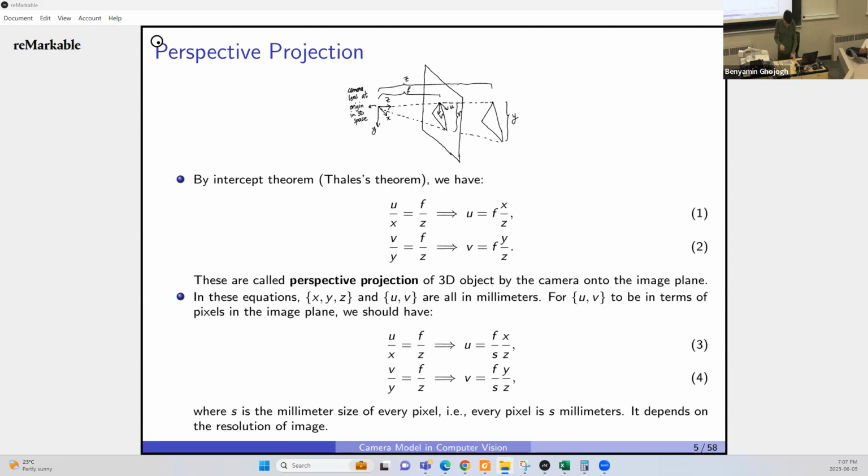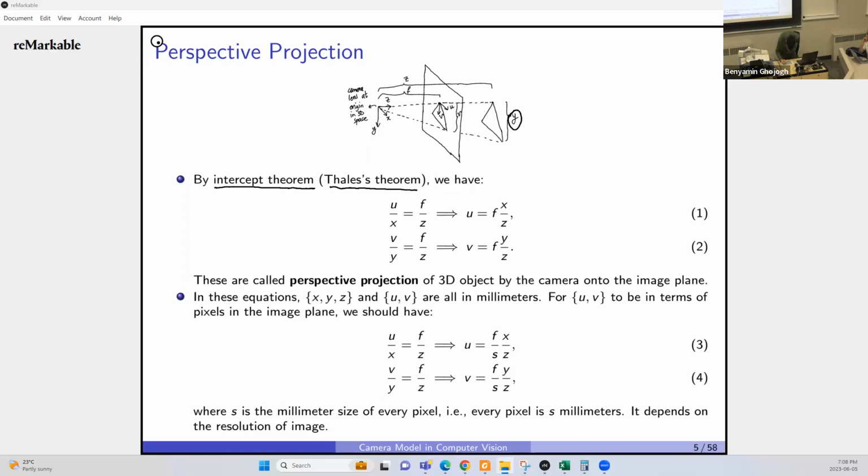Now consider the same figure that I showed you in a smaller version above. I'm going to use Thales's theorem, also called the intercept theorem. In geometry in high school or middle school, we learned that. Do you remember?